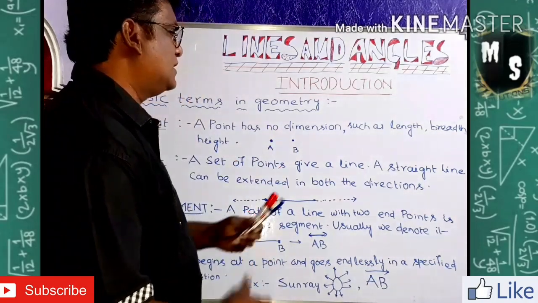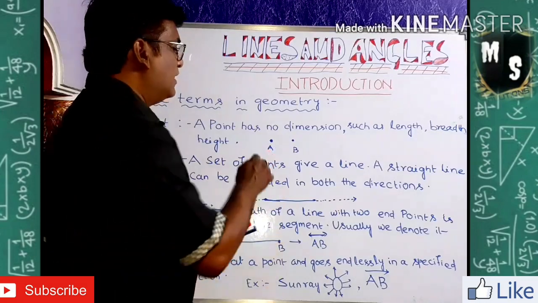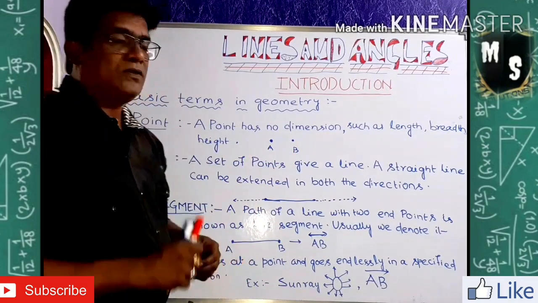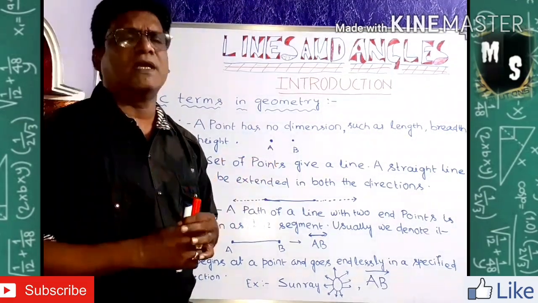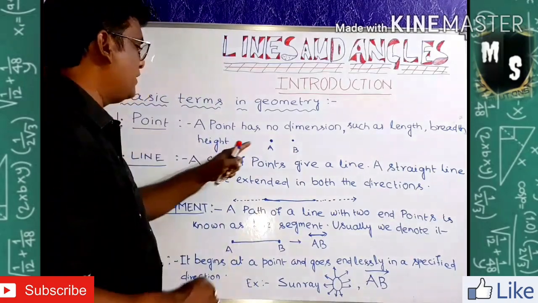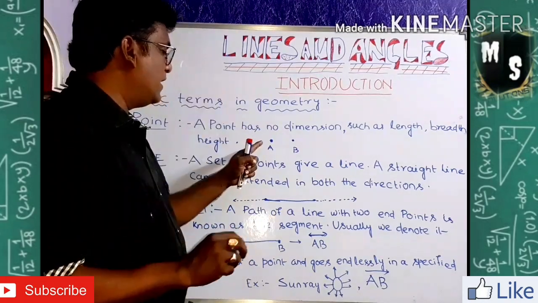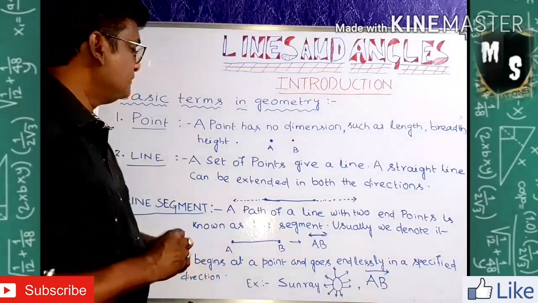That means no length, no breadth and no height, and it is just represented by a dot, such as A and B. Understood now? So a point is something which has no dimension. It can be denoted as point A, point B.